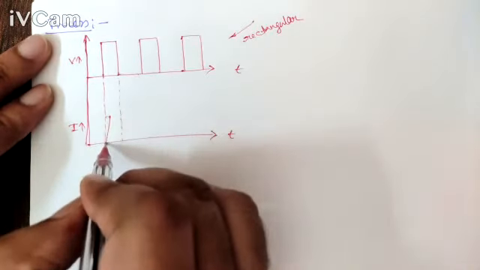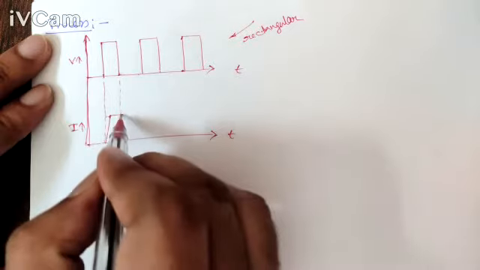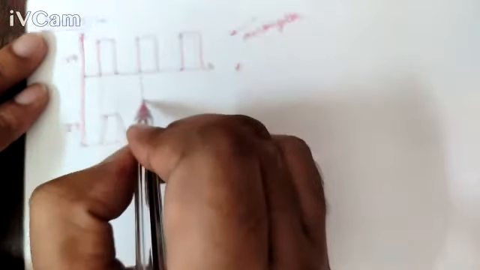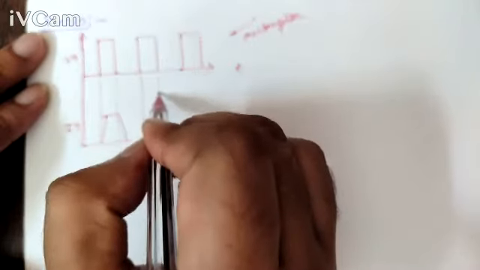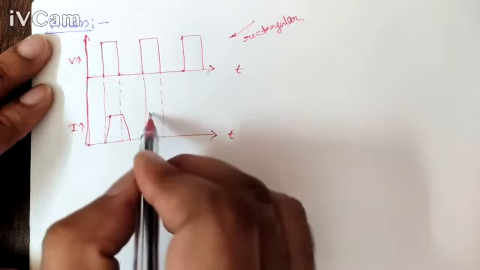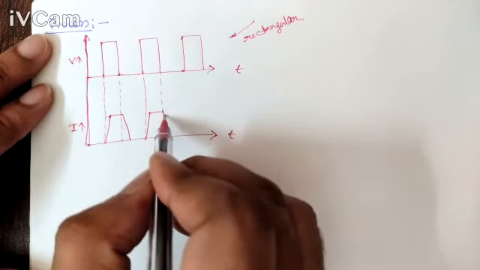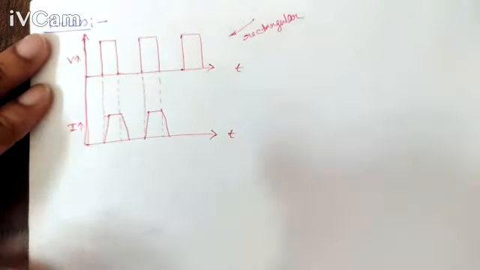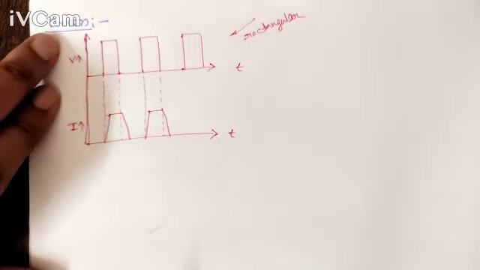So this graph will be trapezoidal. Here also, everyone draw with me. Here we will get some lag and then it will come down here. Same will be continued.